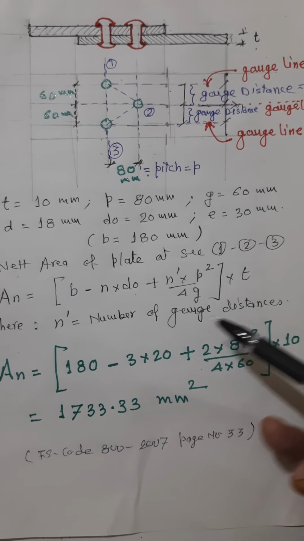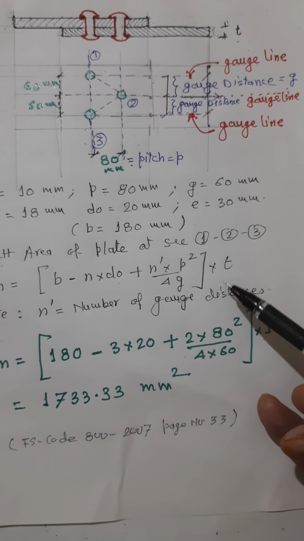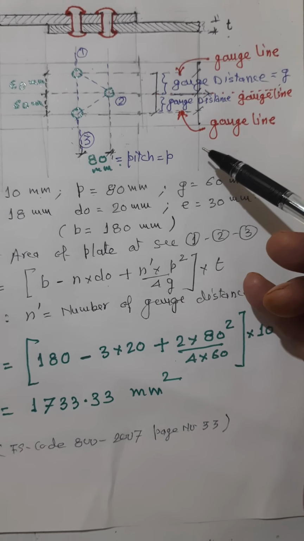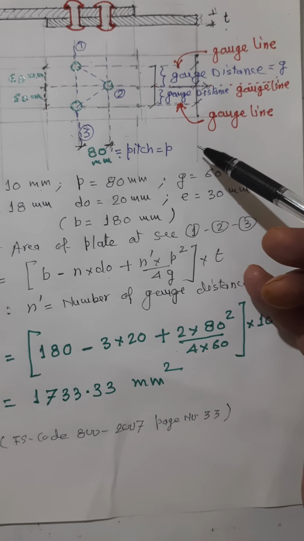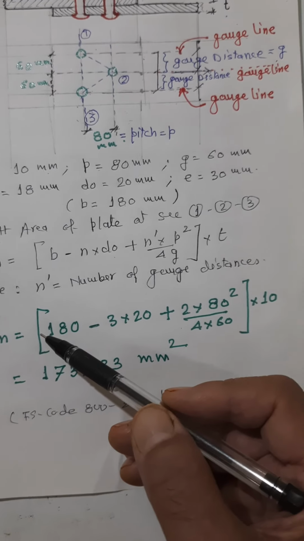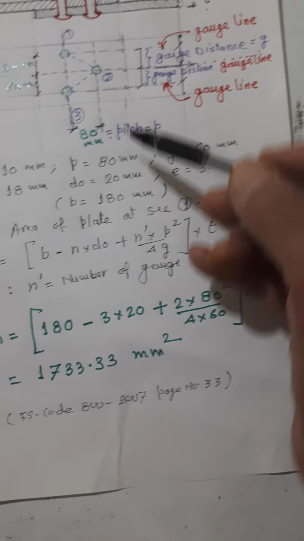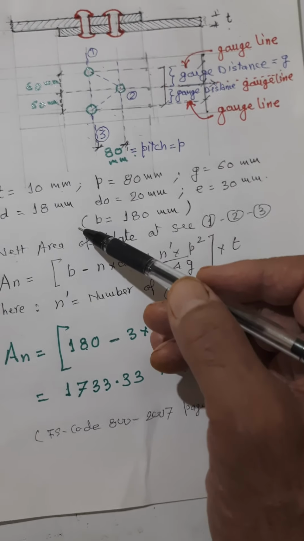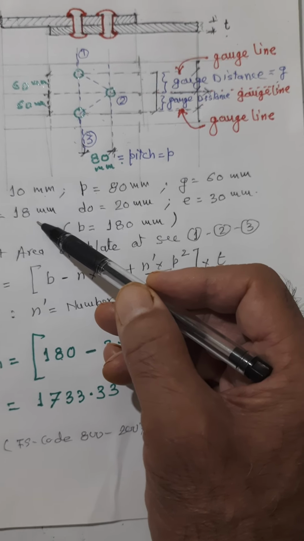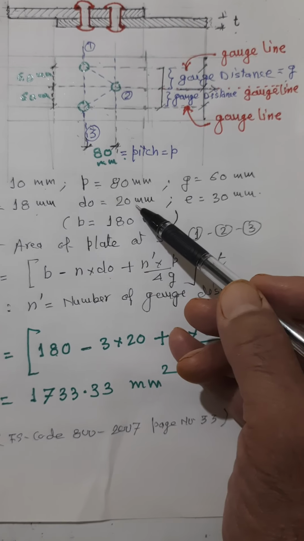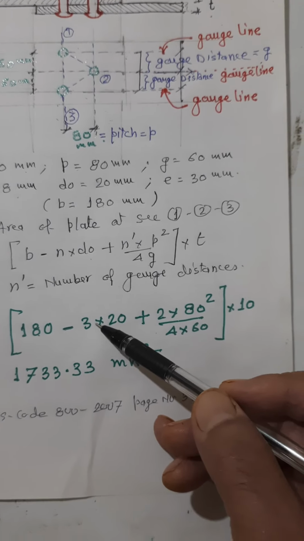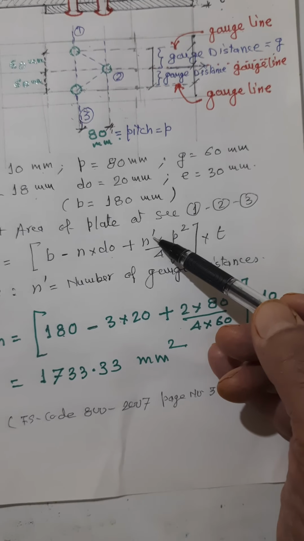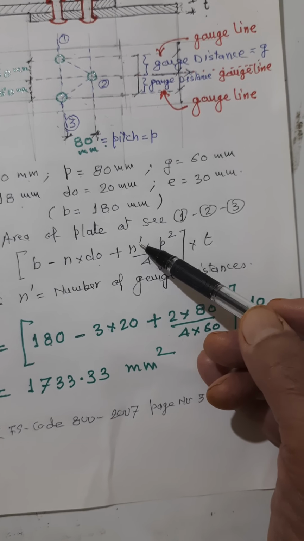I have already mentioned that n dash is the number of gauge distances, and g is the actual gauge distance, that is g, which is already given as 60 mm. Substituting the values, b is equal to 180, that is the total width of the plate, minus 3 times d naught. I have considered the diameter of bolt as 18 mm, so d naught will definitely be 20 mm. d naught will be 3 times 20, plus 2 times, n dash being the number of gauge distances.